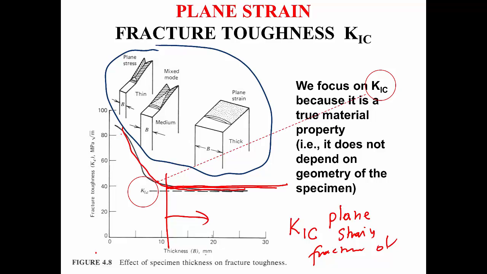First of all, because we don't want to do a lot of experiments, and second, because if we use this as a material parameter for design, it is a conservative one. If your material is down here, it just has a higher fracture toughness, and it gives you a higher safety factor if you design with a plane strain fracture toughness.